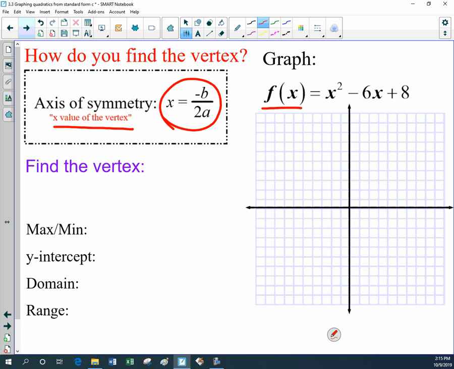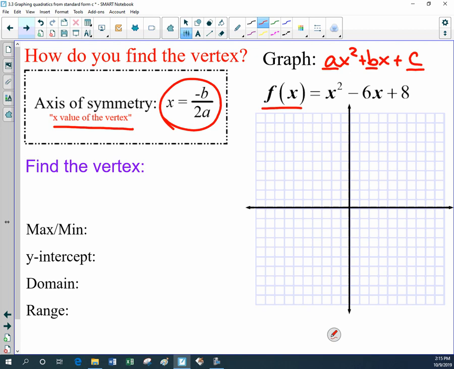All right, so the a and the b, what that represents, or where that comes from, is when we have a function in standard form, the number in front of x squared is a, the number in front of x is b, and the constant is c.